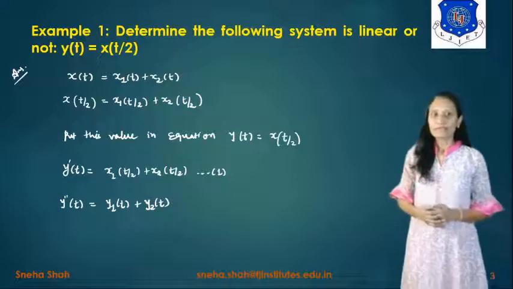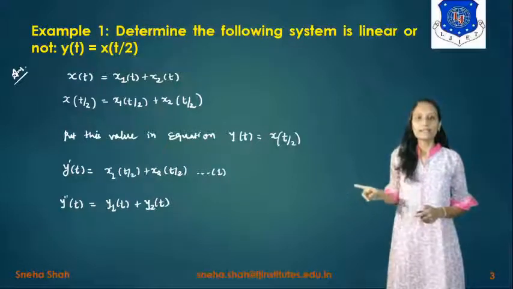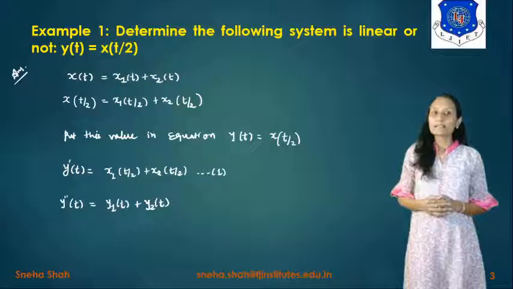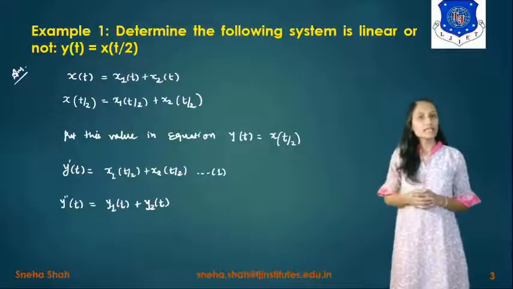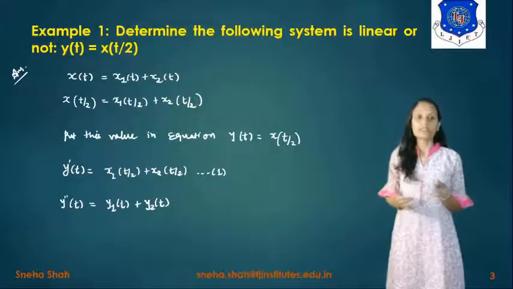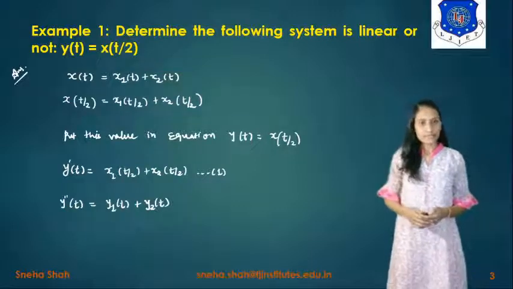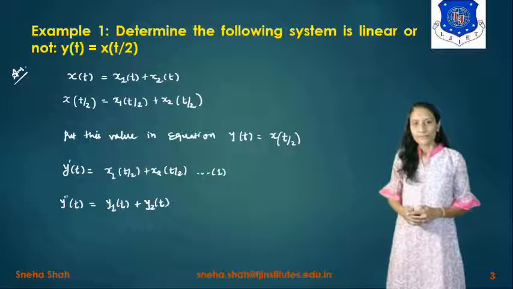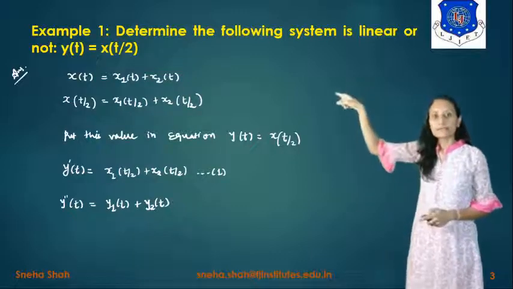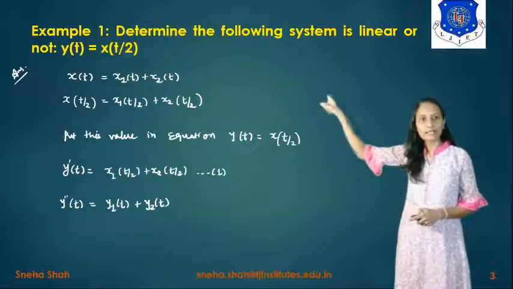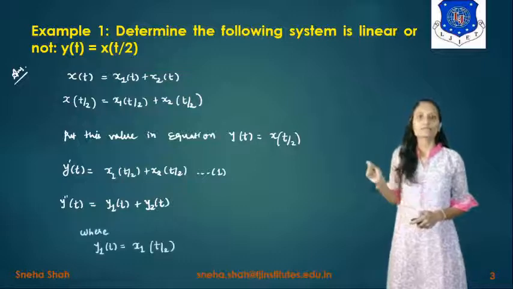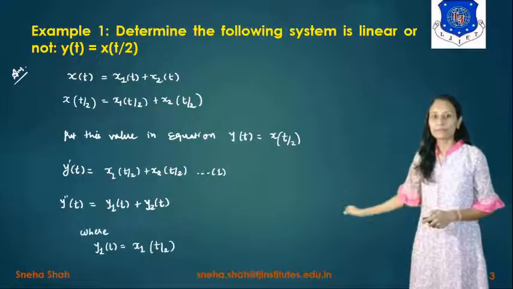For that we have to find the values of y1 and y2. Now, how do we derive the outputs y1 and y2? If we take the input signal as x1, it gives you the output y1. And if we take the input as x2, it gives you the output y2. So if we take the input as x1, the value of y1 of t equals x1 of t by 2.